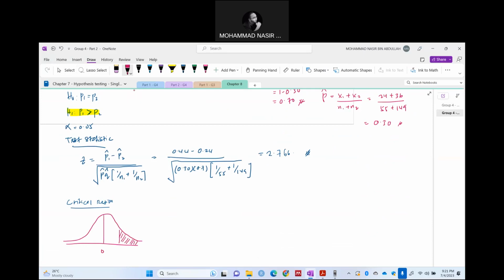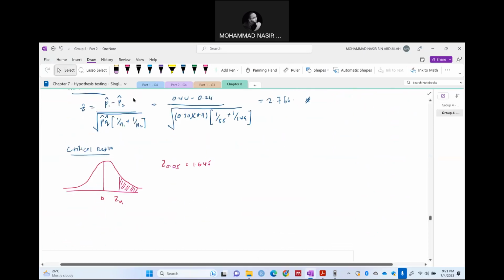So this is Z alpha, but we have only one tail test, so Z alpha. So Z 0.05 should be equal to 1.645. So you know how to get the Z 0.05, right? Look into the statistical table.